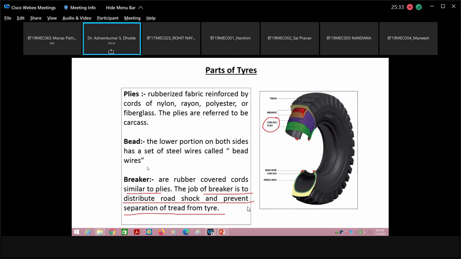So you go to the tire dealer and buy the tire. He says, sir, I will take the old tires and for every old tire I'll give you 100 rupees. I will minus that 100 rupees, because anyway, if you change the 4 tires of your vehicle, what are you going to do with the old tires?